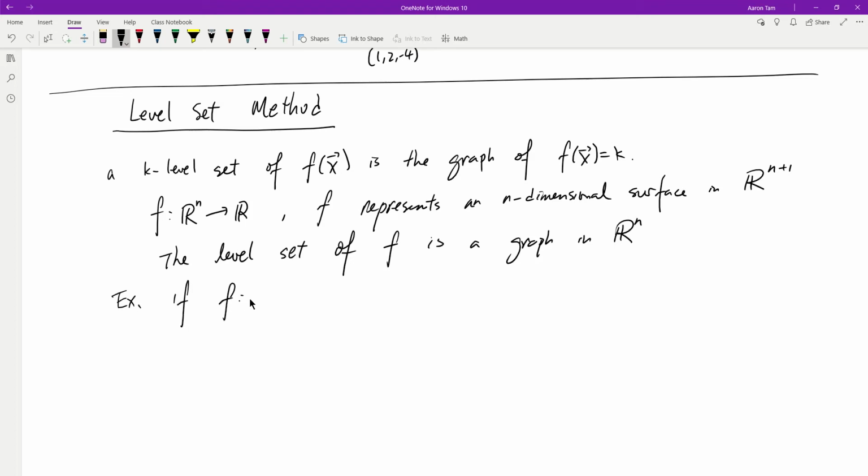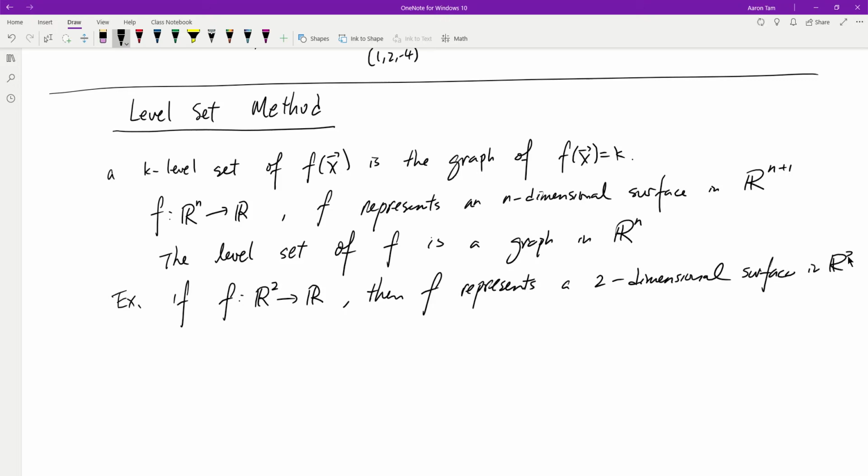Now, it might sound very confusing, but let's give you a very simple example. Example, if f mapped from R^2 to R, then f represent a 2-dimensional surface in R^3.